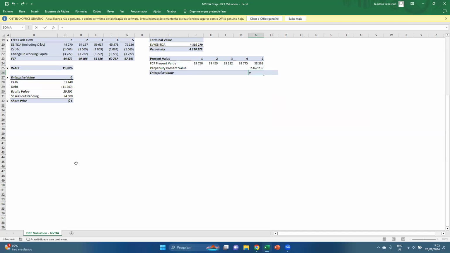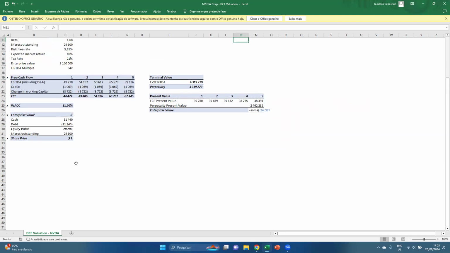And now we can sum all of this. I don't know why it is like this. I think I can put here the sum of all of this.